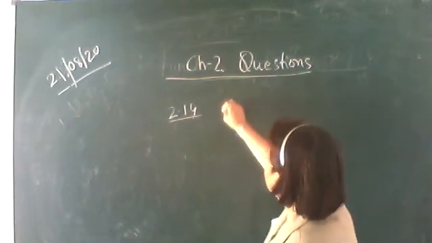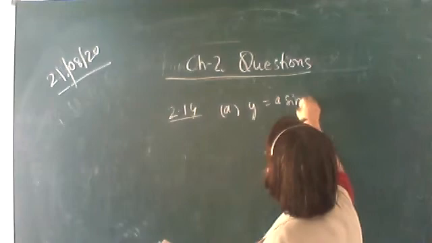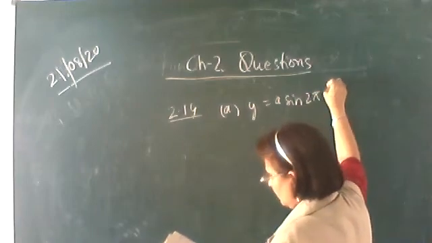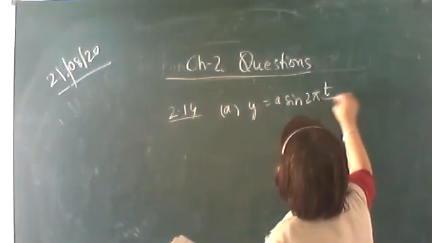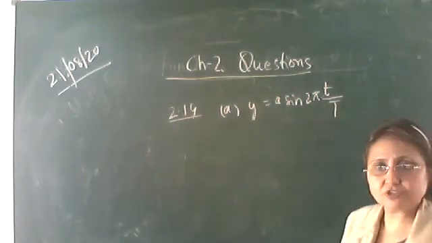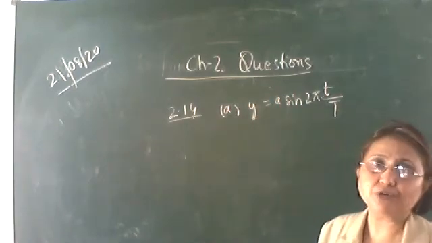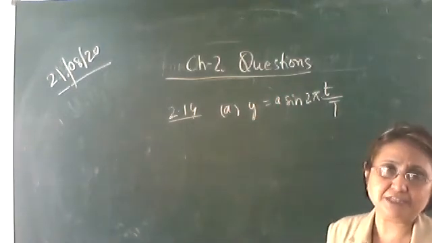The first one, part A: y is equal to a sine 2 pi small t upon capital T. Capital T is the time period and this small t is also some time. y is the displacement and a is the amplitude. Amplitude means maximum displacement.